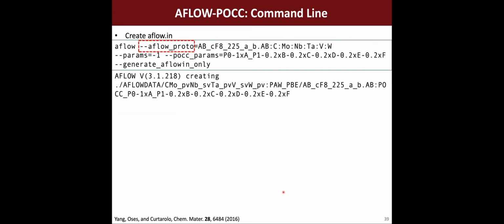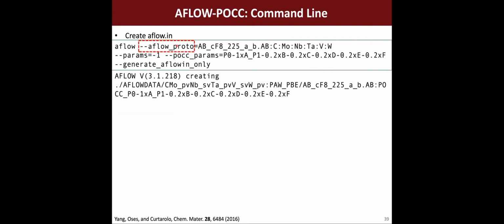This is if you want to just get one structure and play with it in the command line. If you want to build an aflow.in file to submit to the queue, to run this disordered system, you need to create an AFLOW-in. So we're going to change our proto command. We're going to keep all the other parameters the same.